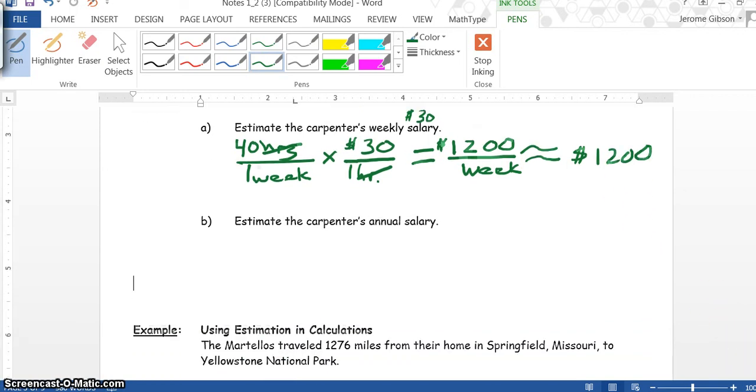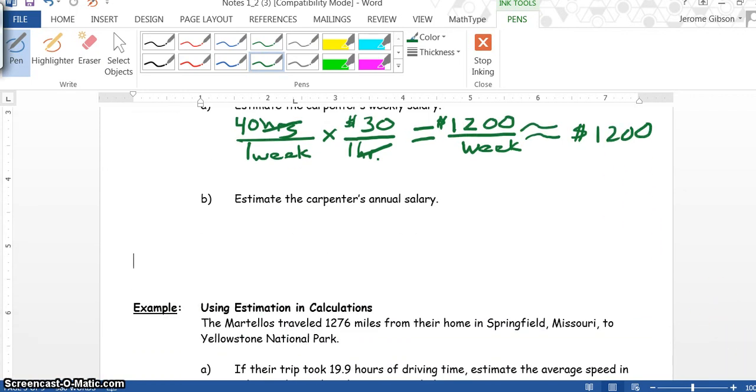Now we scroll down here. It says estimate the carpenter's annual salary. One thing you all need to know is this: depending on what you're dealing with, as far as banks or a literal year, that would determine if you would use 52 weeks or 50 weeks.